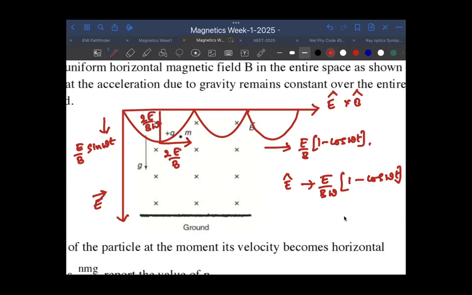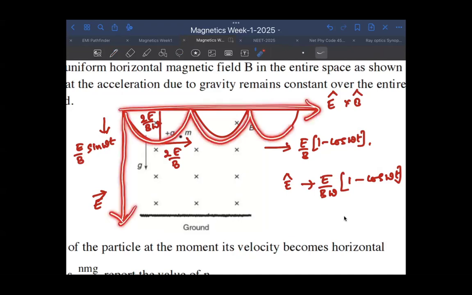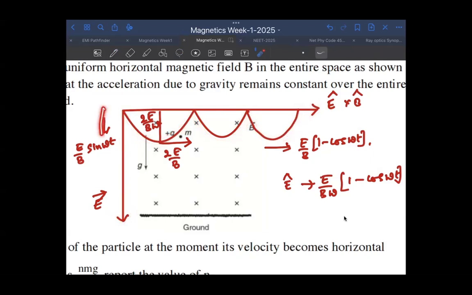You should remember just these three things. I am repeating again. Identify the E bar direction first. Next, identify the E bar cross B bar direction. Your cycloid path will be like this, as if a toranam, a garland, is fixed to this axis. Now the question is, in the E cap direction, the velocity component is E by B sin omega t.